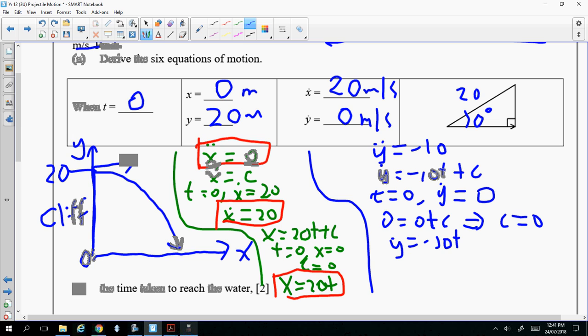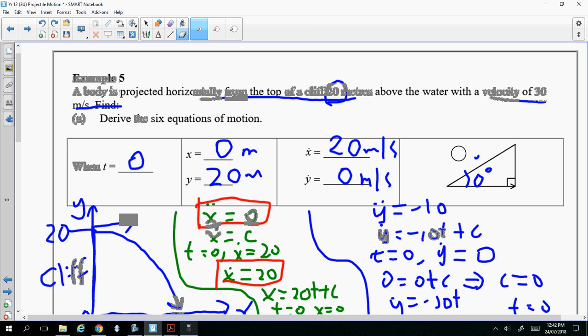Oh, that's a 30. Sorry, I made a mistake. That should be 30. 30 here, 30 here. 30 meters per second, so that will be 30t. Okay, all right, good.